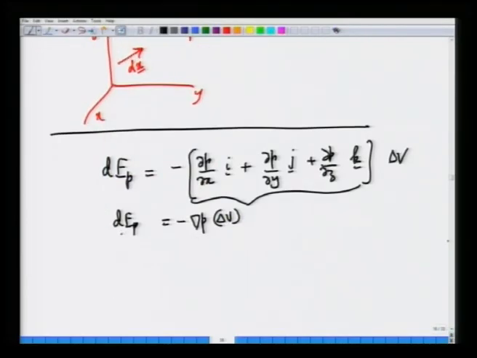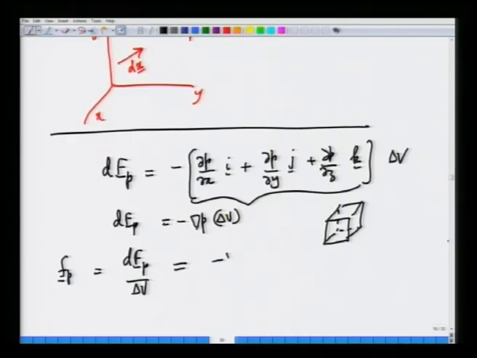So, this force that is acting on a tiny volume element, recall that our volume element is cubic in shape, is proportional to the volume of the volume element, and therefore, I can define a force density, that is small f p, the differential force acting on this volume element divided by the volume, which is nothing but minus grad p. So, there will be a net force on this volume element only if there is a variation in pressure.